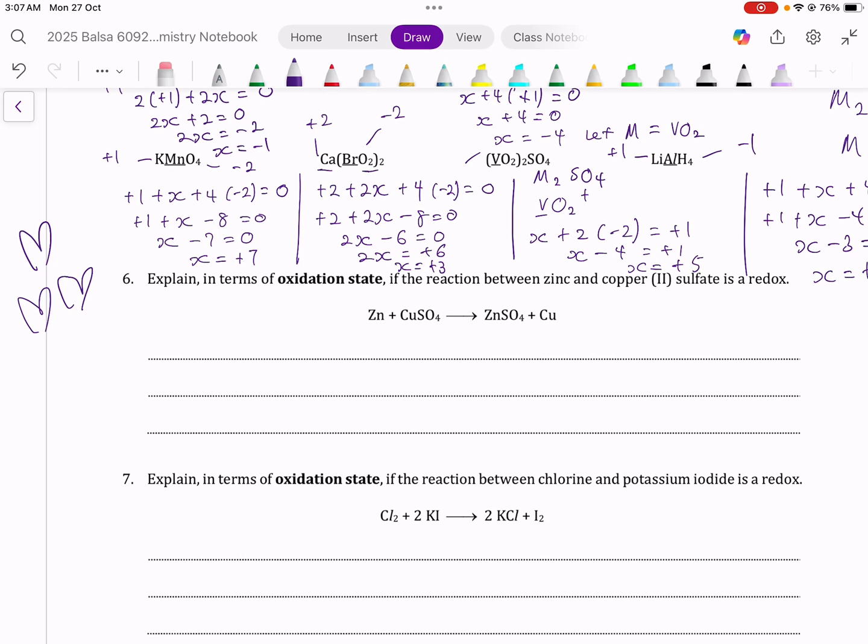So you've got to be very familiar with this. Then I'm going to tell you which are the areas to look out for, meaning which are the areas where you can get penalized if you don't follow the format for explanation. So it's very important that you know what to do for this part.